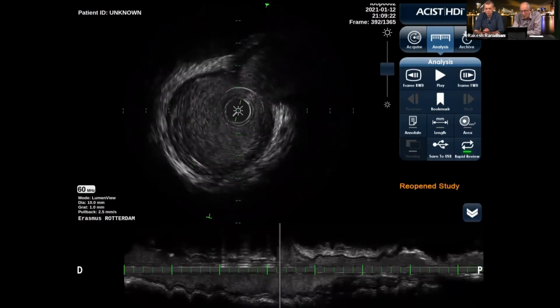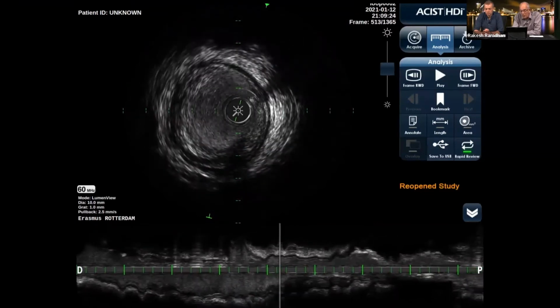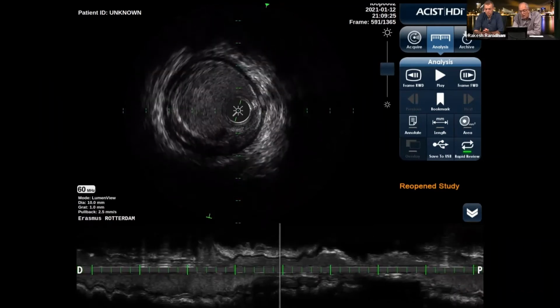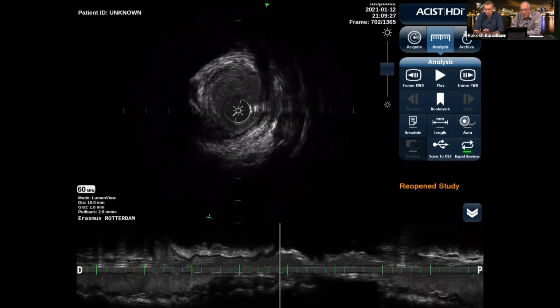That means that we definitely removed some thrombus. There's still some organized thrombus in there, but if we go closer, then we see probably some lossy material. Here we have some fibrous fibrocalcific plaque. Now we can appreciate it better than when it was full with thrombus in there.